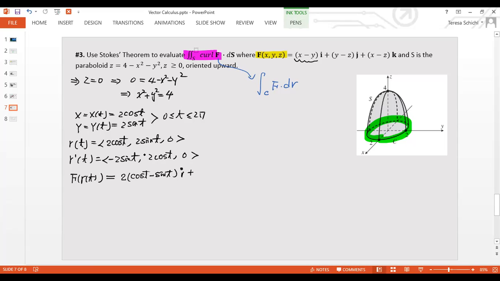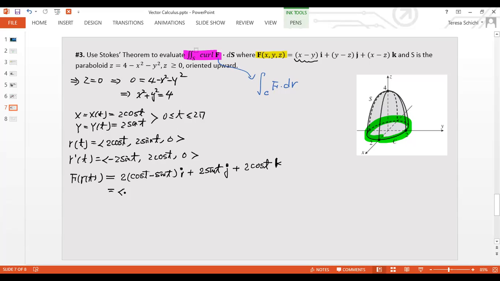Then plus y minus z: y is just 2 sine t, and z is 0. So this is my j component. Then the k component is x minus z. x is 2 cosine t, z is equal to 0. So this is my F of r(t) here.